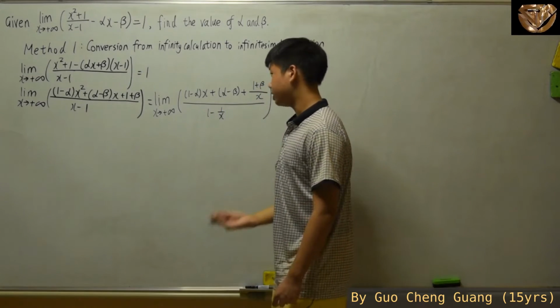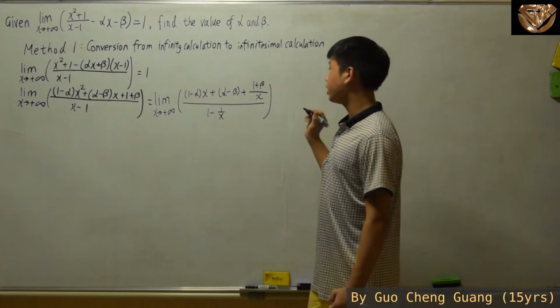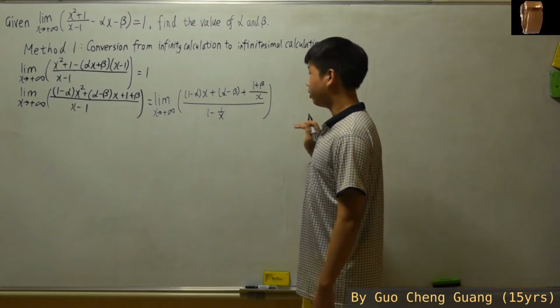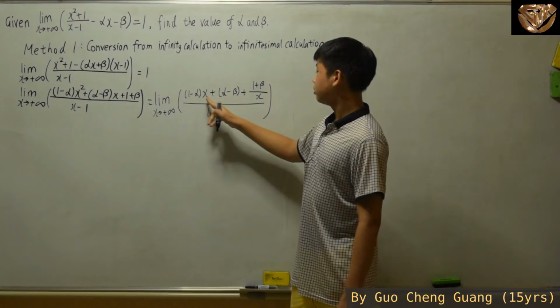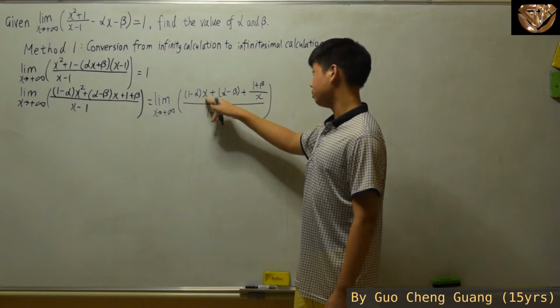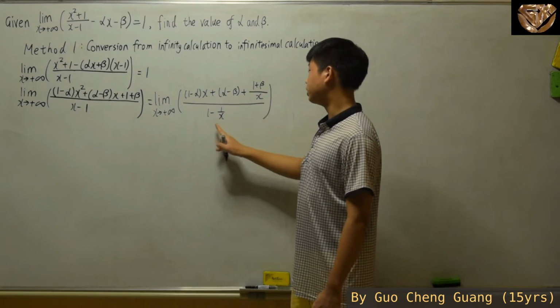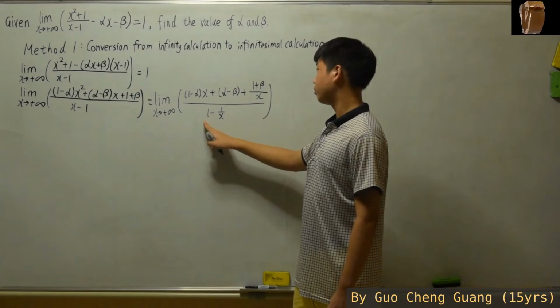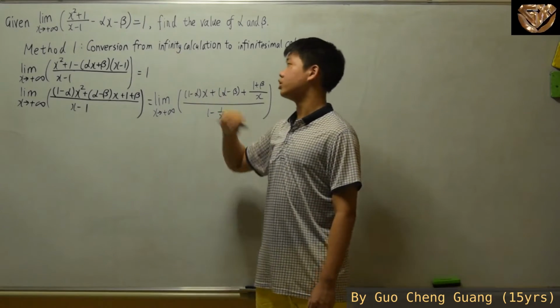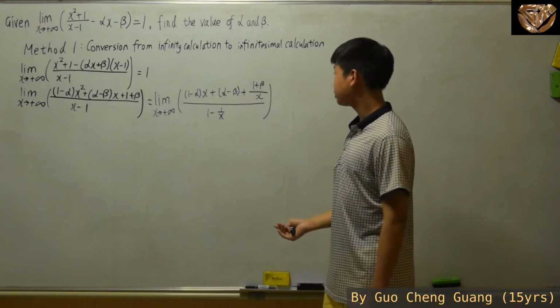So originally it is infinity over infinity. So let's take a look at what kind of form we have now. So in the numerator, x, well, that probably is still infinity, but then you have a constant plus 0 over 1. But then you look at your original question. This is equal to 1, alright?